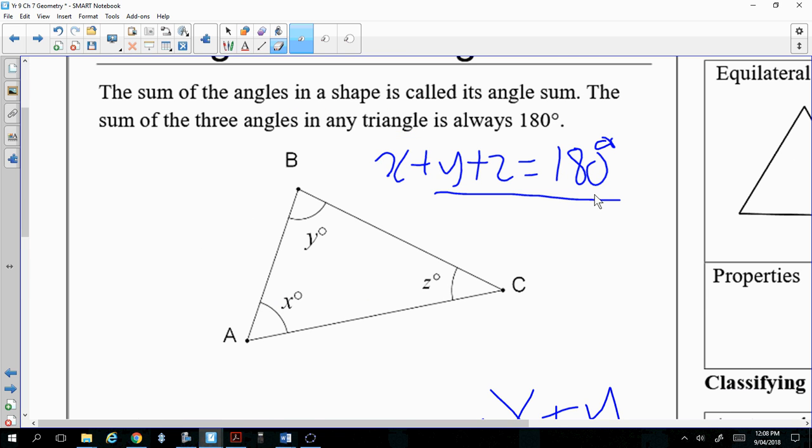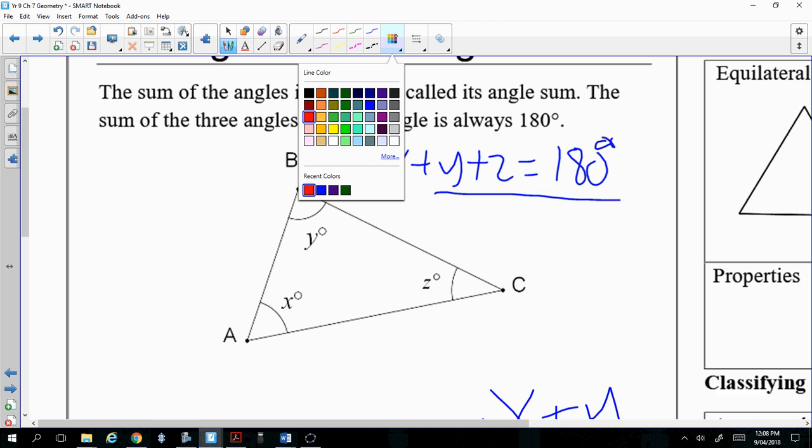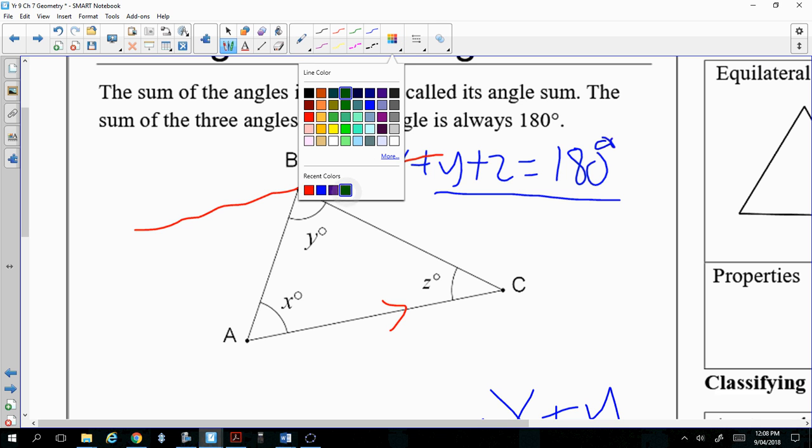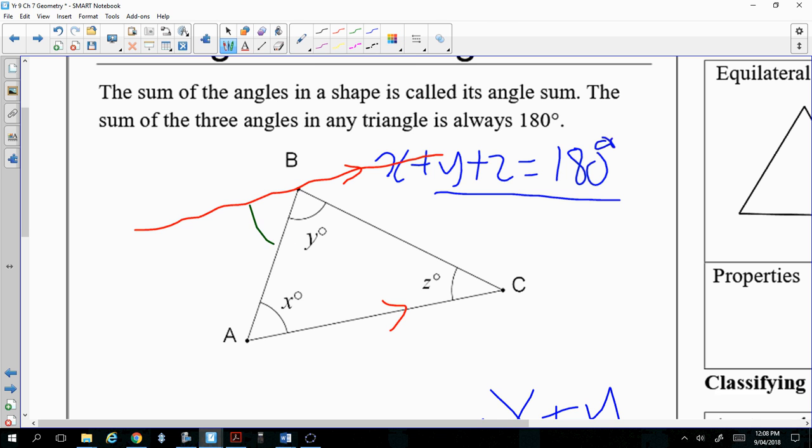Now, another way to see why they add up to 180 is this. If I draw a line through B parallel to the base AC, I could work out the other angles. Now, what would this angle in green be equal to? It's alternate.